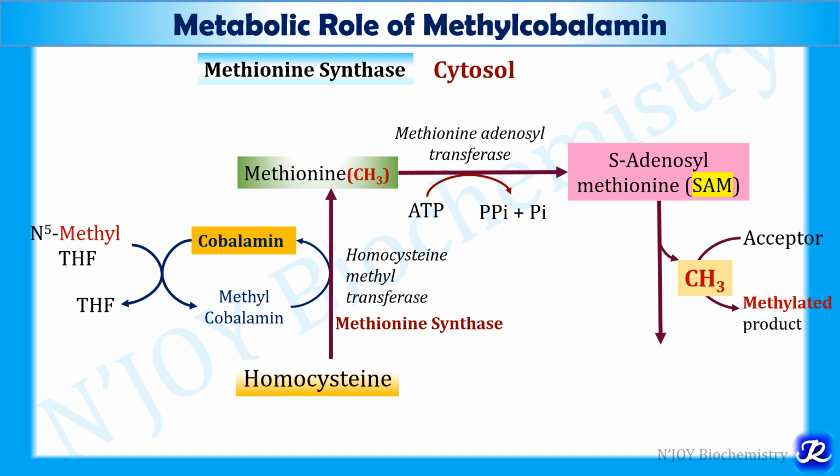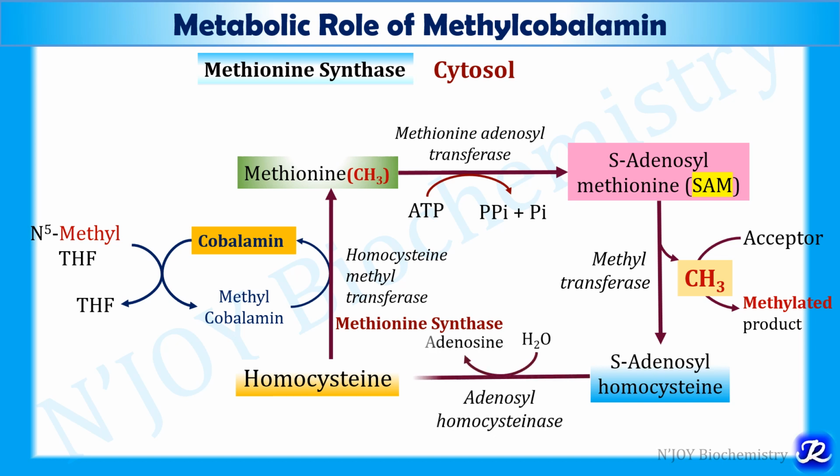So this is involved in the transmethylation reaction, and this happens with the help of enzyme methyl transferase, and here S-adenosyl homocysteine is formed, which is further converted to homocysteine by adenosyl homocysteinase, and later on from this homocysteine methionine is regenerated.